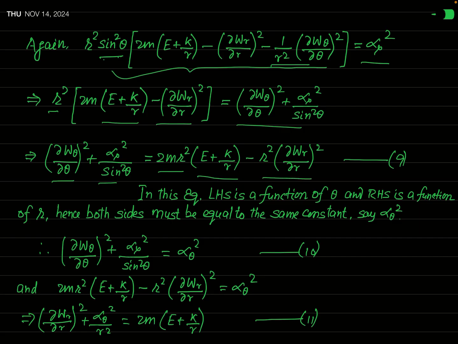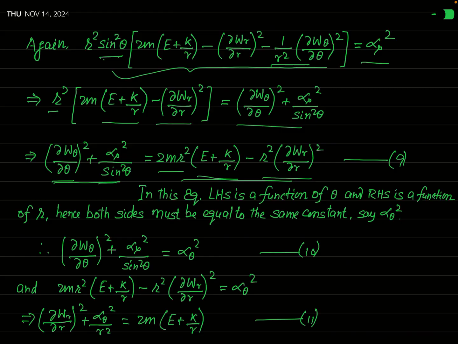Again see this equation. Can you say the LHS of this equation is a function of which variable? Definitely you can say this is a function of only theta, while the RHS of this equation is a function of only R. So LHS is a function of theta, RHS is a function of R, and R and theta are both independent variables.